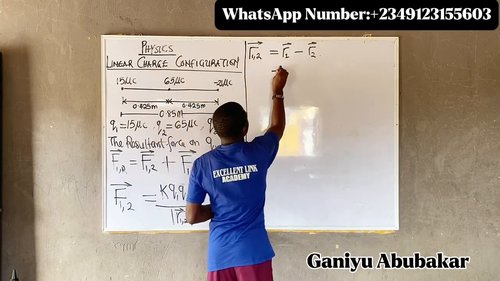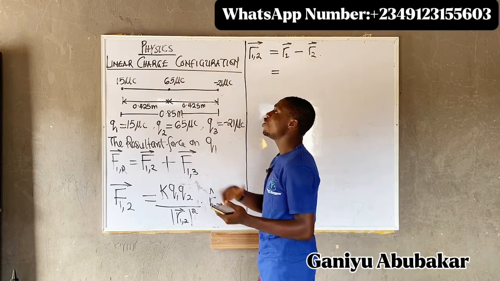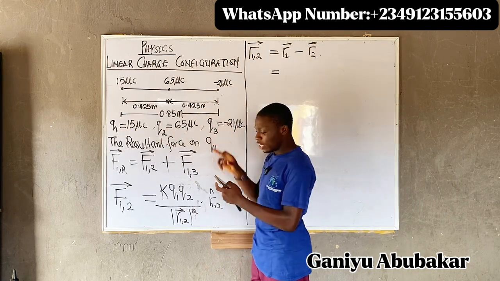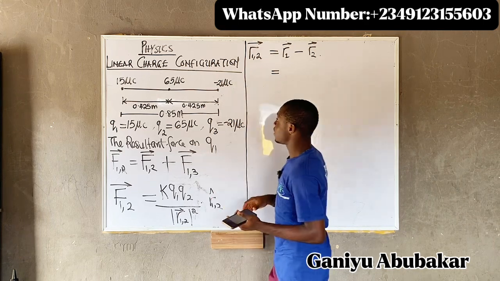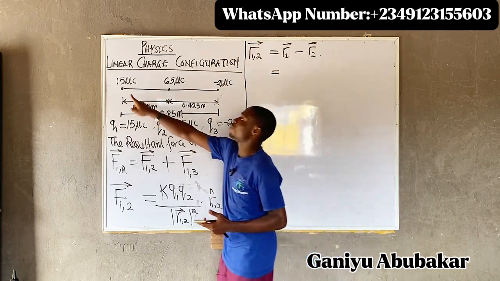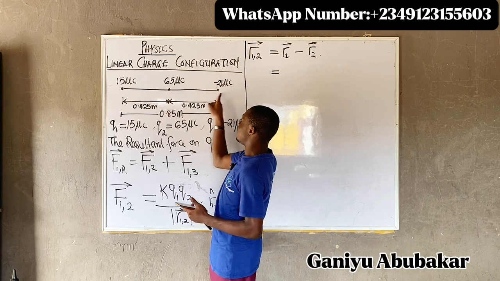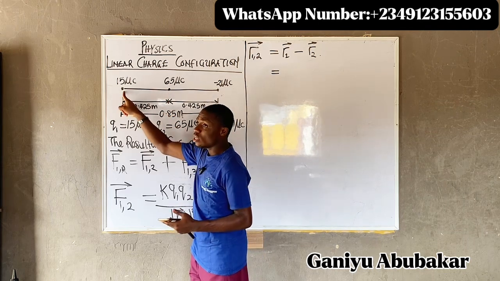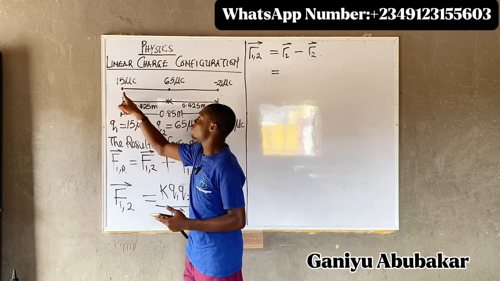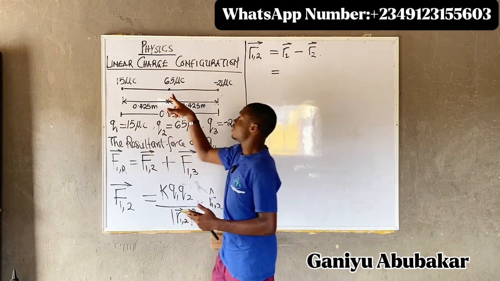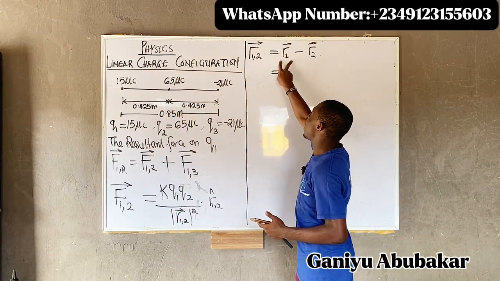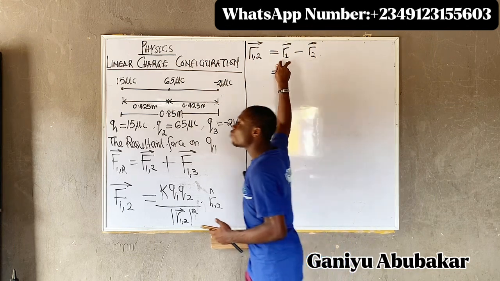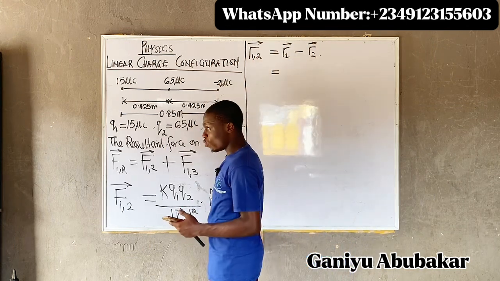Now when it comes to R, we know that R is simply the distance apart. We know these are positions 1, 2 and 3. This is Q1, so this position is at section 1, and sections 2 and 3 for the others. I'm asked to find R1. R1 is the distance at section 1.